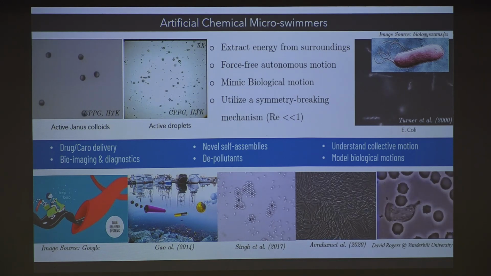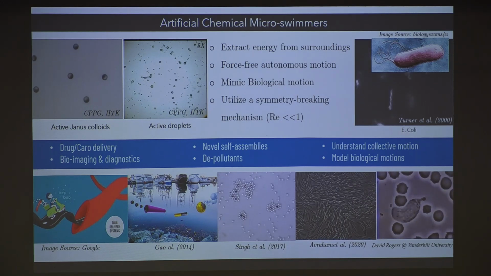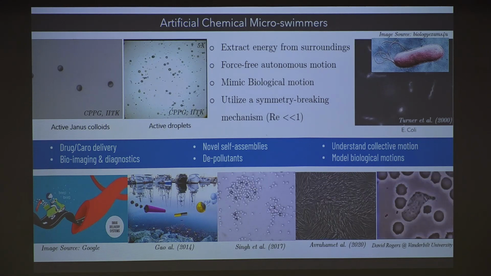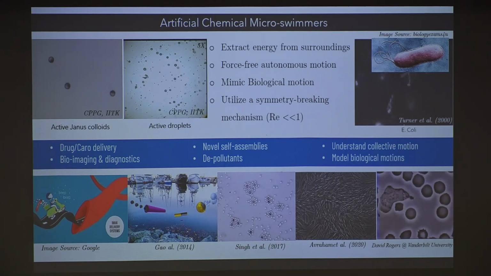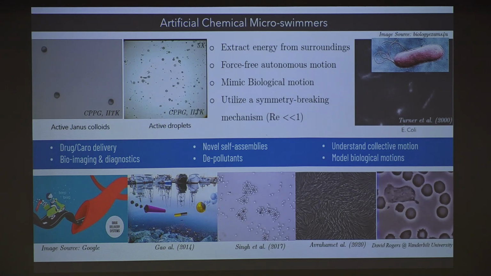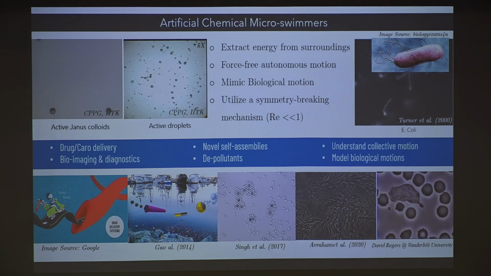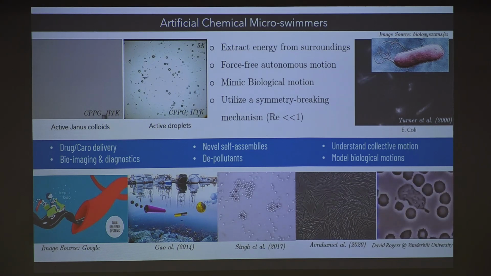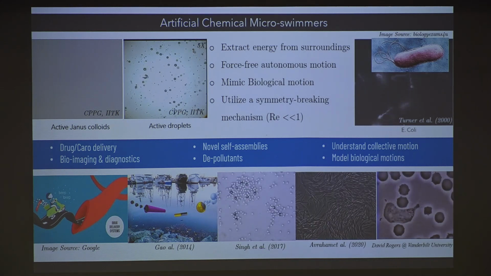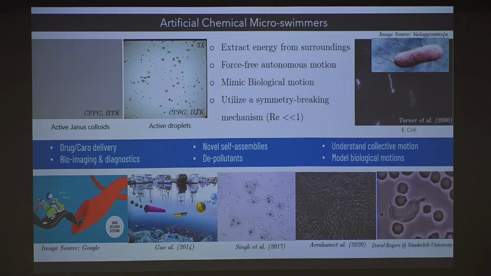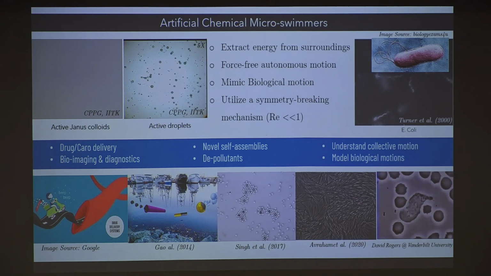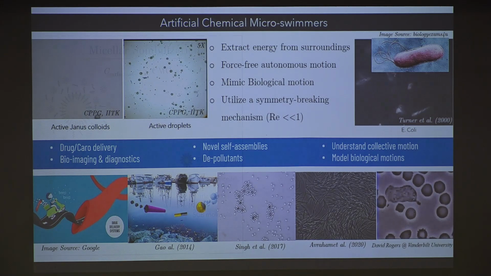They can be used to understand and model biological processes. They can be used to understand the collective behavior that we typically see in biological organisms. In terms of other applications, they have potential to be used in drug delivery, biodiagnostics and others. Right? So with this all, we are also interested in this particular set of systems.